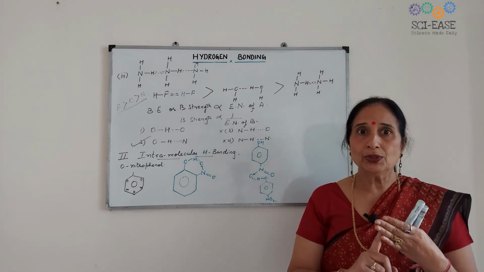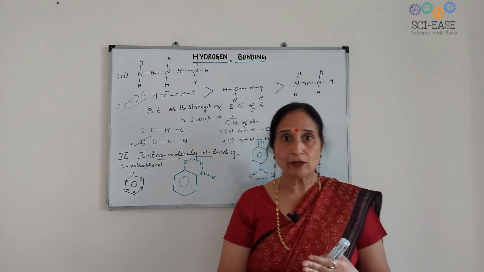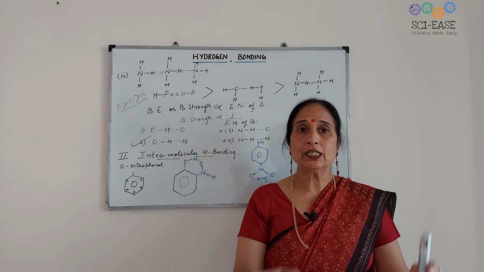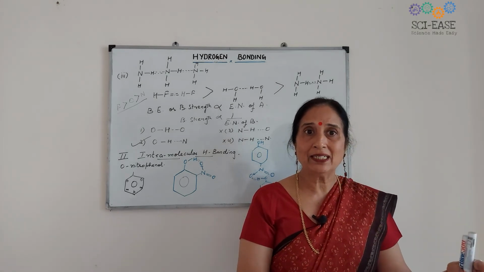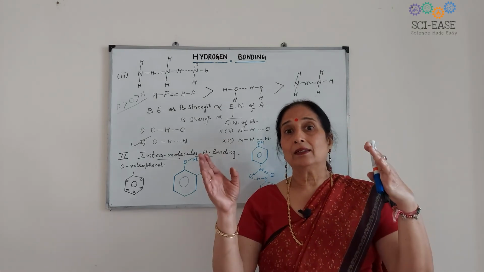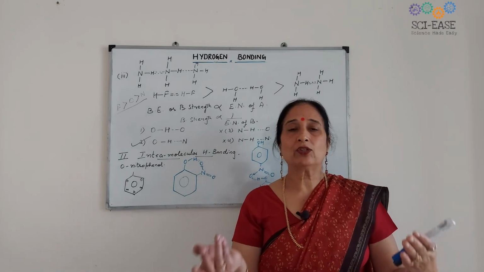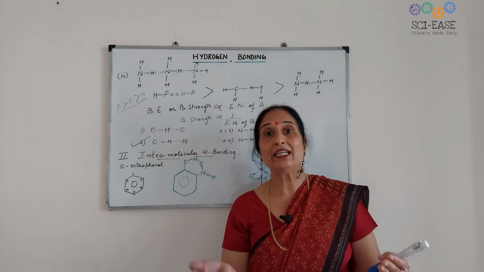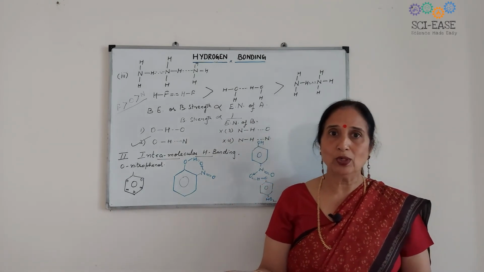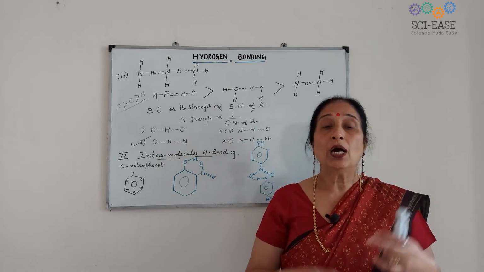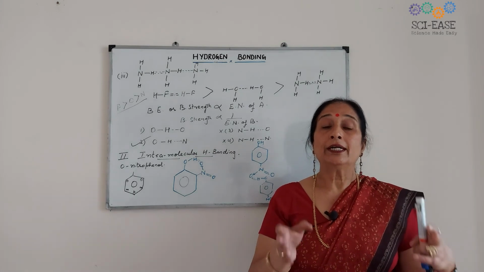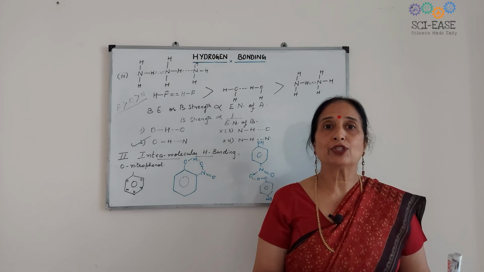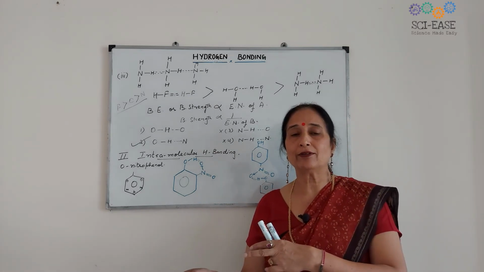So I have told you what is hydrogen bond. Okay, there is involvement of hydrogen and electronegative elements. And what is the bond strength of the hydrogen bond, I have told you, bond energy, that is 8 to 42 kilojoules per mole. Then I have told you about the types of hydrogen bonding, that is intramolecular hydrogen bonding and intermolecular hydrogen bonding.